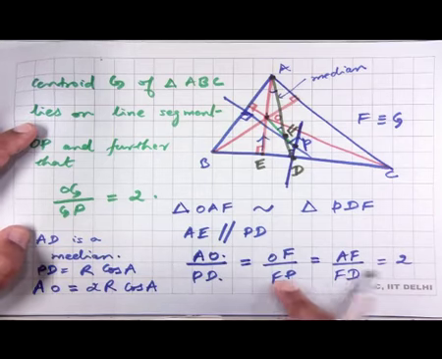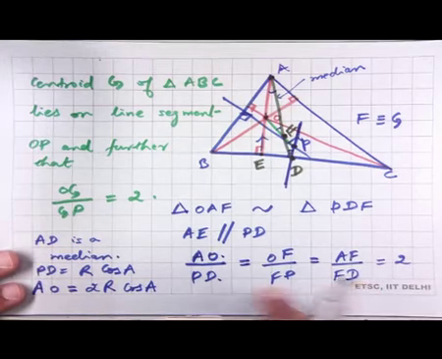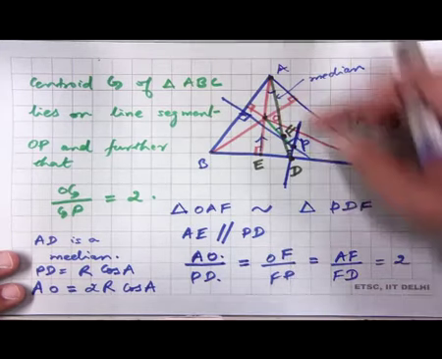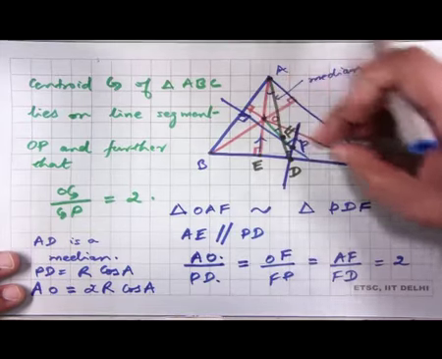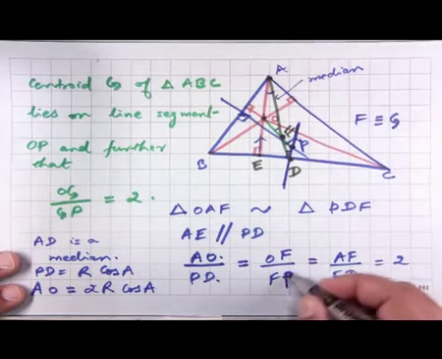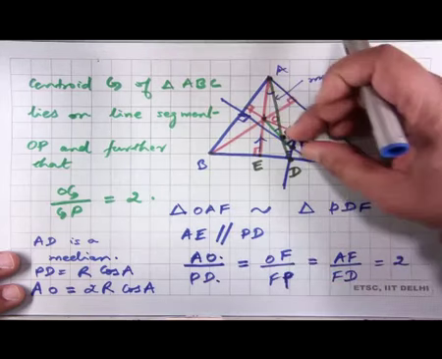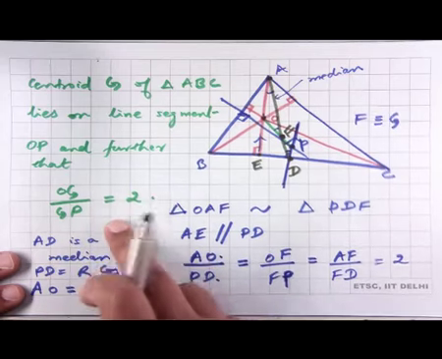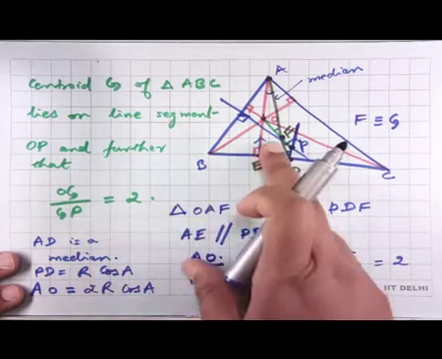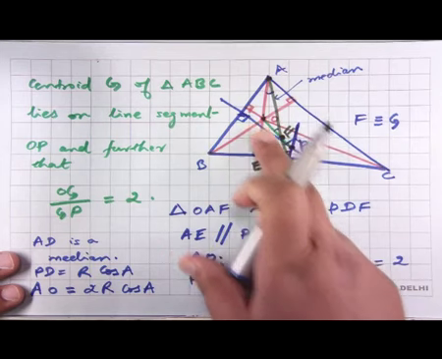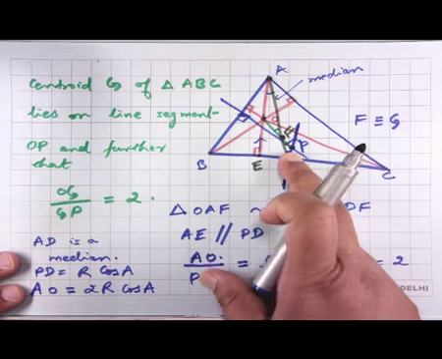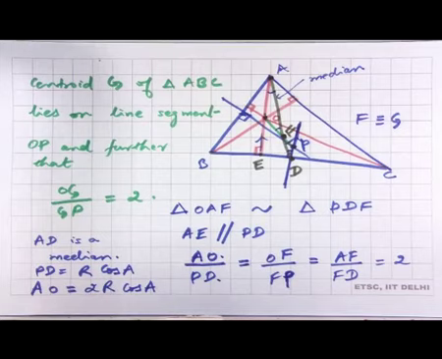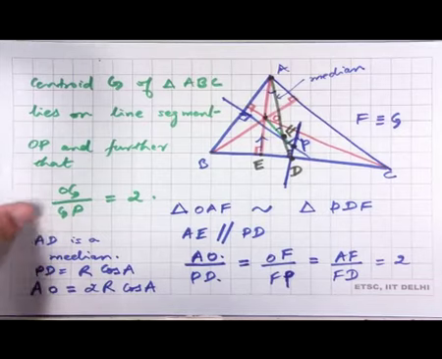And further, from this ratio itself, OF divided by FP is equal to 2, and that proves the second part of the question, that the centroid divides the line segment joining the orthocenter and the circumcenter in the ratio 2:1. So, that finishes the solution to the third question.